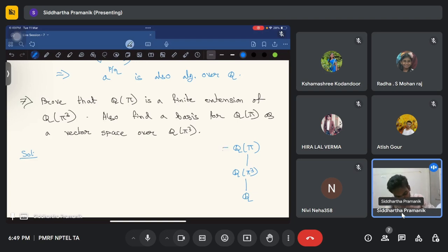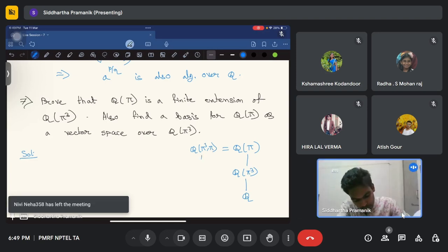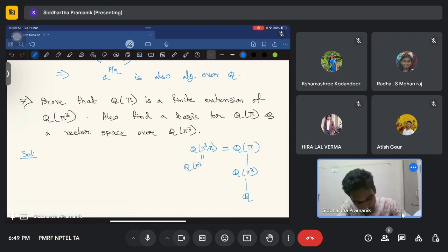Q(pi) is basically Q(pi^3, pi), right? Because pi^3 is in Q(pi). So this is basically Q(pi^3) attached with pi. So you just need to prove that pi is algebraic over this field.